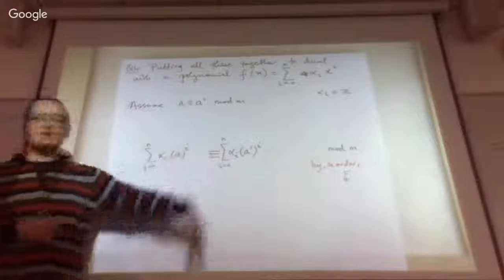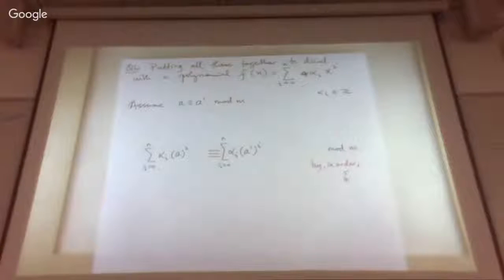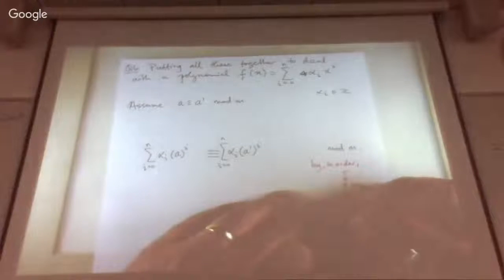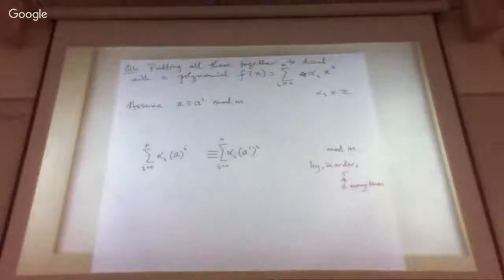So if you add them all up, they're going to be congruent, and that's by repeated applications of part 1, because you add up n plus 1 different things.